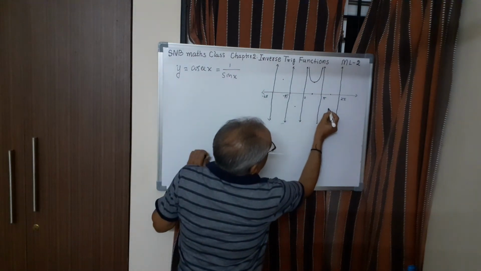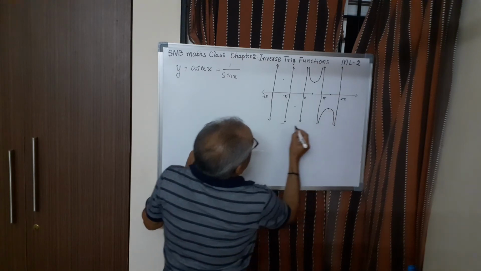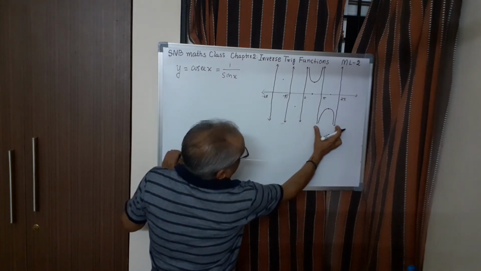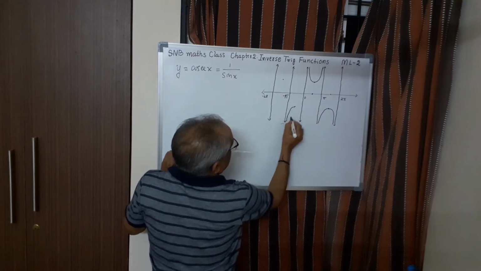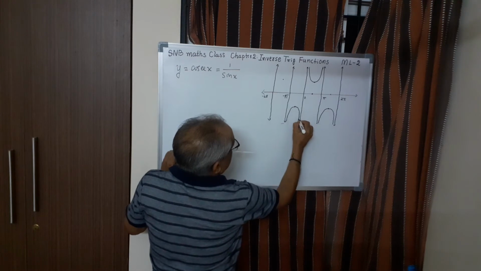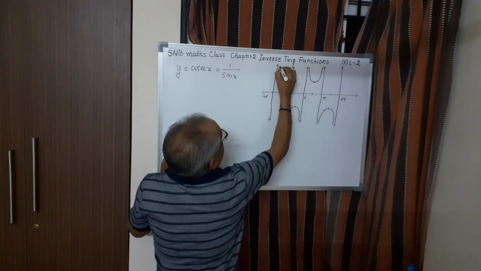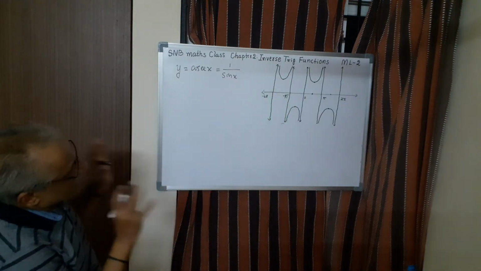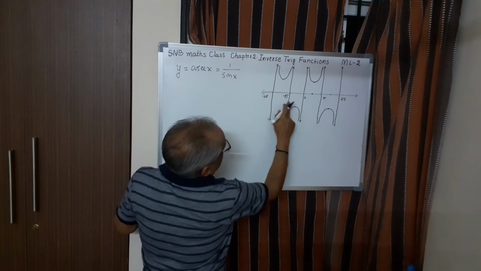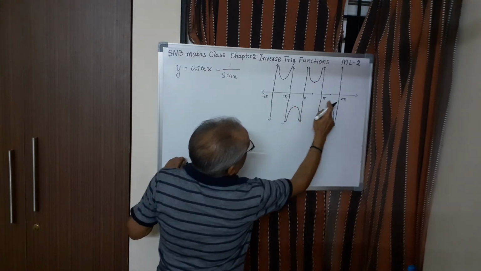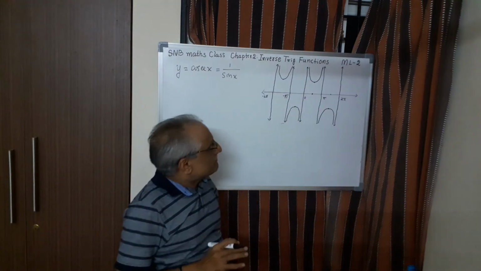Here it is like this, like this. And here see, in alternate branch, here below, here above, then here once again below, like this, like this, then here it is like this. Now I have taken 4 branches. So from minus 2 pi to minus pi, then minus pi to 0, 0 to pi, pi to 2 pi. This is a little bit complicated graph.